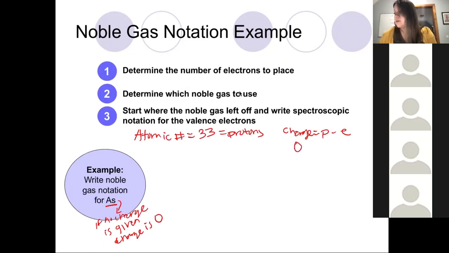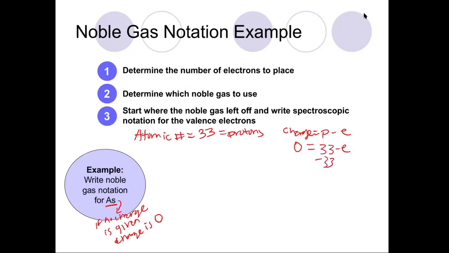So this would be 0 is equal to 33 minus E. You subtract 33 from both sides. We get negative 33 equals negative E, or 33 is equal to E. So we have 33 electrons to house.